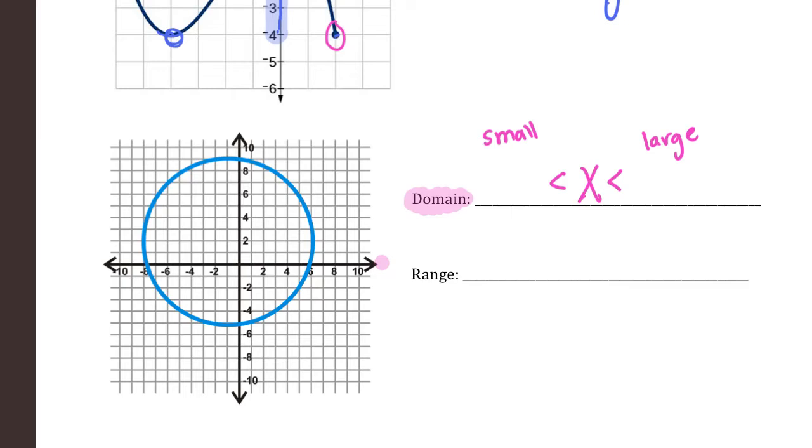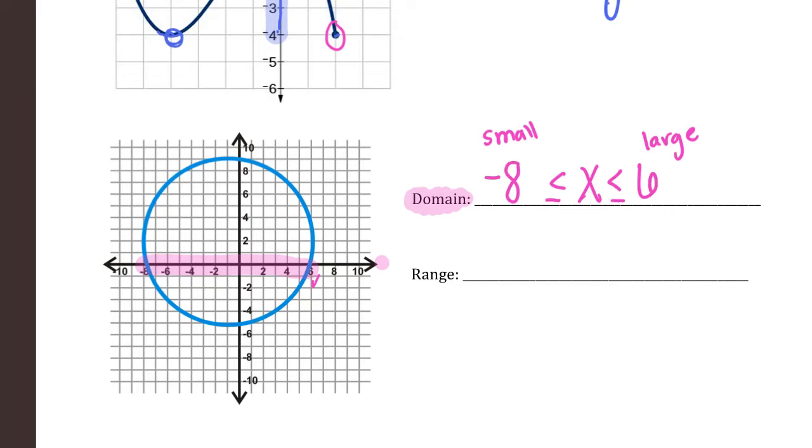So we start over here, travel all the way to the right. If you look at that x-axis, you can just zoom in on the number line. The smallest x value that the graph takes on looks like -8, and the largest over here is +6. Because the line touches those endpoints, we would put a line underneath.